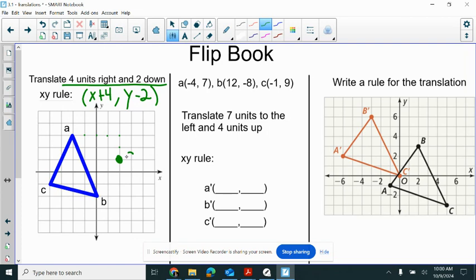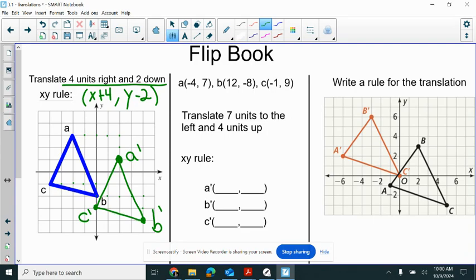So this would be A prime. From B, 1, 2, 3, 4, 1, 2. This point would be B prime. Do the same thing from C: 1, 2, 3, 4, 1, 2. You do the same thing from each point to graph the new figure.